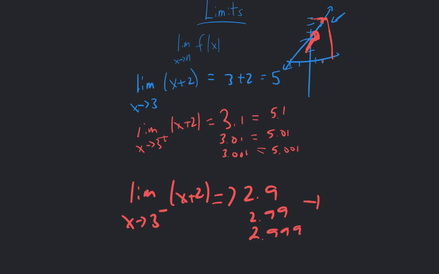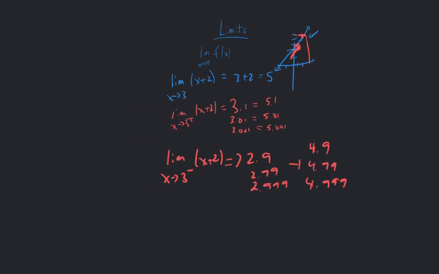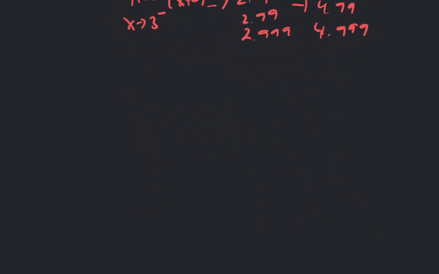And when you add it in, it's just getting closer and closer to 5. So because these both are going to 5, they converge to 5, and it really just means that the limit exists. We could say that a limit doesn't exist when the left-hand side and the right-hand side do not equal each other, or they don't converge to the same point.